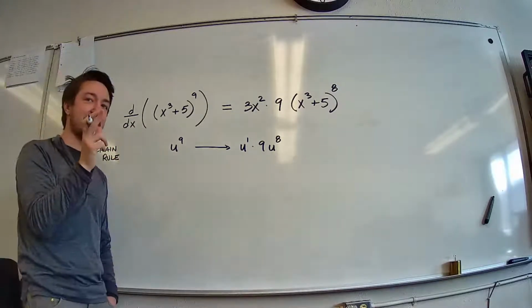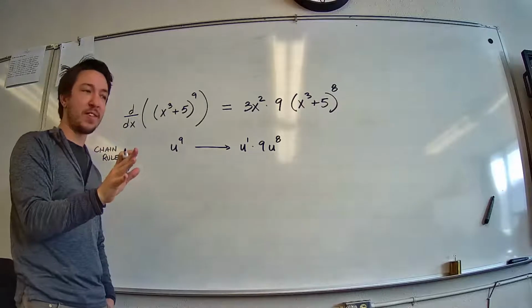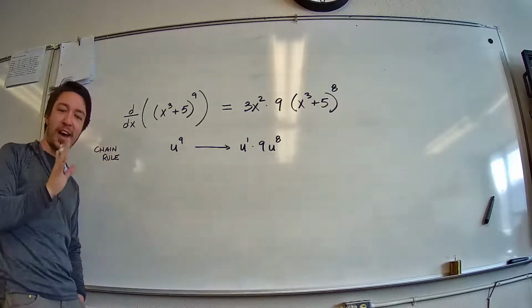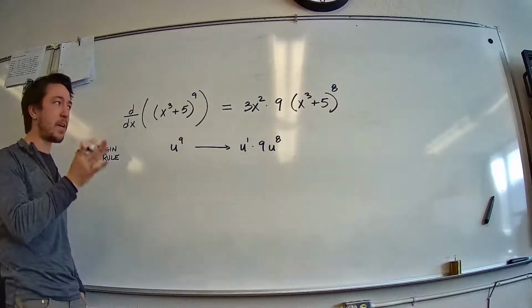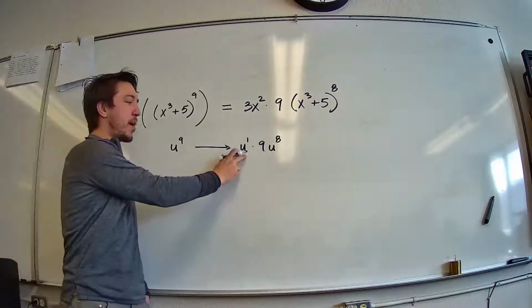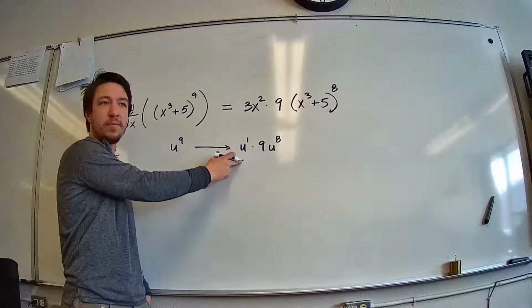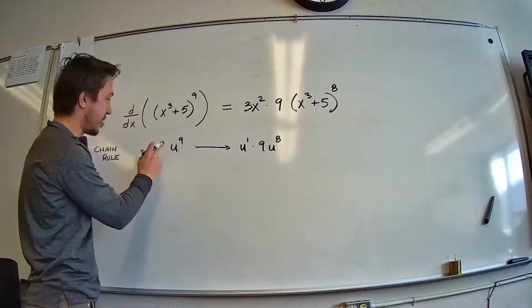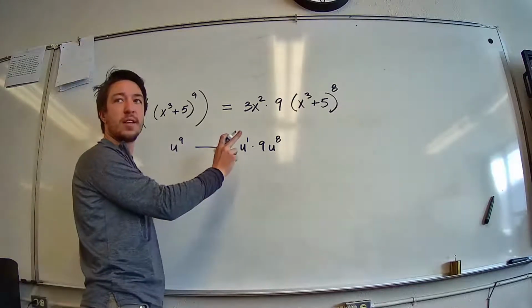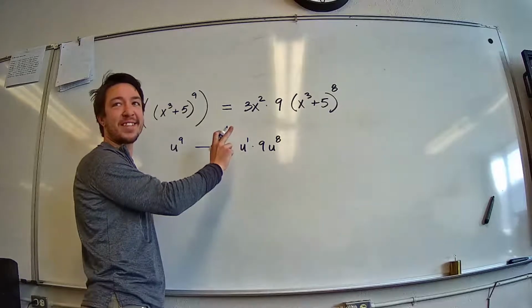Yeah. The review is, this is where people get confused. And it's very interesting to me why it's confusing. Because typically, no one has any problems with u prime magically appearing when you take the derivative, right? So what happens when you take the derivative of u to the 9th? Is everything okay back there? We're good? Okay.